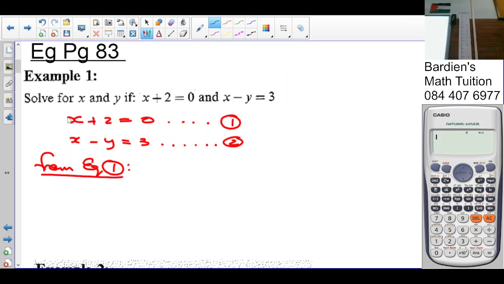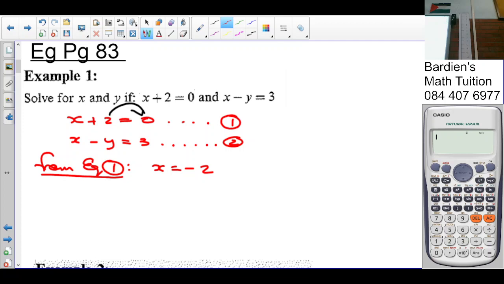How? By taking that 2 over the equal sign. So that becomes x is equal to 0 minus 2, which is negative 2. You all see that, people? So now we have the x value. We now know what x is.